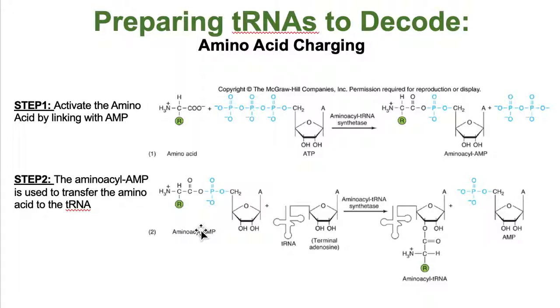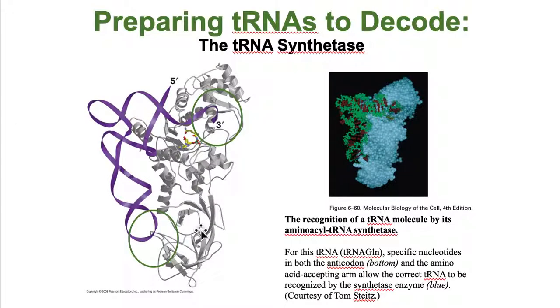So this is the tRNA synthetase. This is the mock-up of the tRNA structure in this enzyme. Two things to make apparent: how does one synthetase know that it's the right tRNA?